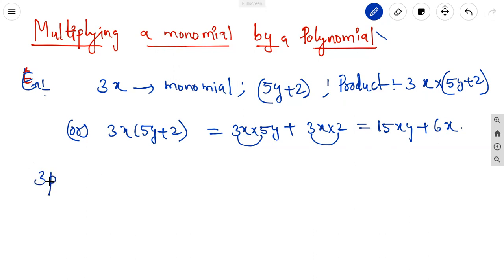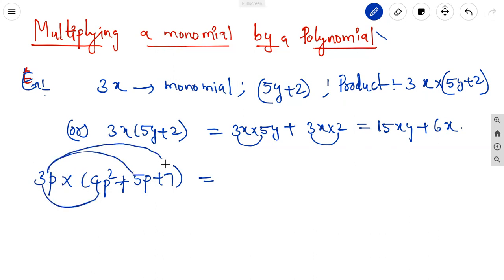Product of the monomial 3p into the polynomial 4p square plus 5p plus 7. It is equal to, we distribute that 3p to 3 terms: 3p into 4p square plus 3p into 5p plus 3p into 7.